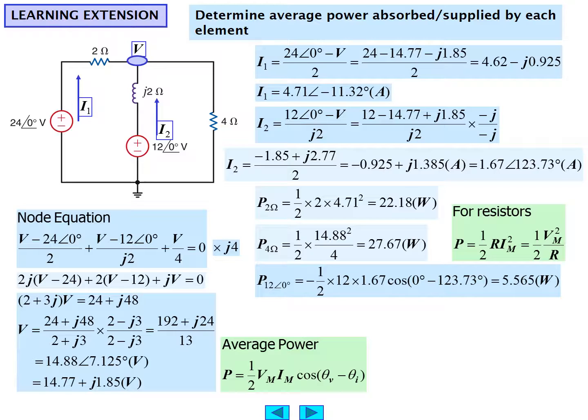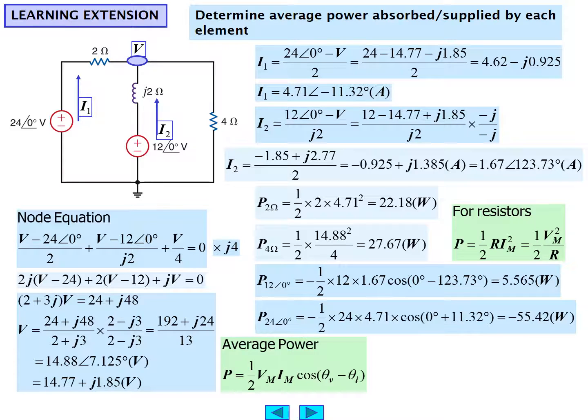And therefore the power from the 12 volt source, 12 volts angle 0, would be minus 1/2 times 12 times 1.67 times the cosine of the difference in the phase angles, and we get 5.565 watts for the power provided there. The power from the 24 volt angle 0 voltage source would be minus 55.42 watts.